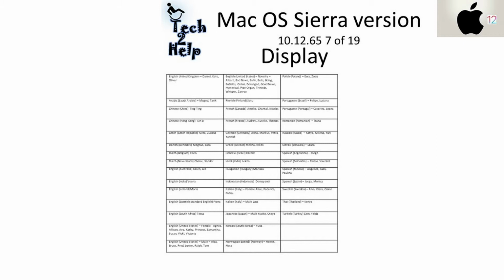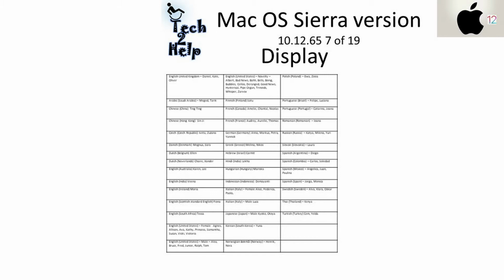Hebrew, Israel: Carmit. Spanish, Argentina: Diego. Dutch, Netherlands: Claire, Xander. Hindi, India: Lekha. Spanish, Colombia: Carlos, Soledad. English, Australia: Karen, Lee. Hungarian, Hungary: Mariska. Spanish, Mexico: Angelica, Juan, Paulina. English, India: Veena. Indonesian, Indonesia: Damayanti. Spanish, Spain: Jorge, Monica. English, Ireland: Moira. Italian, Italy, female: Alice, Federica, Paola.